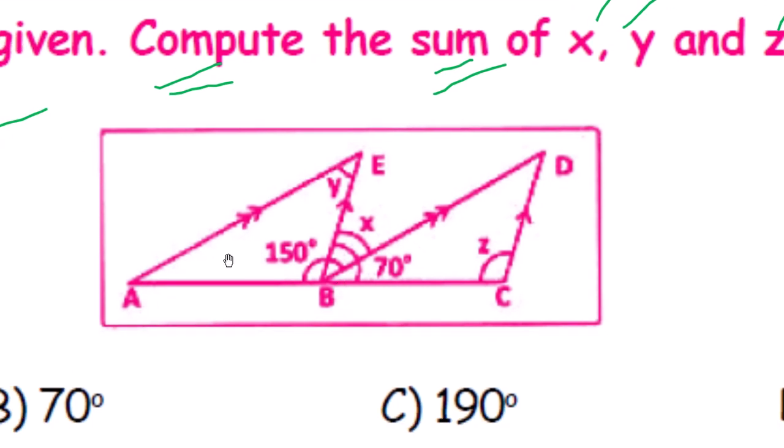So this is the figure. So AE is parallel to BD and BE is parallel to CD.